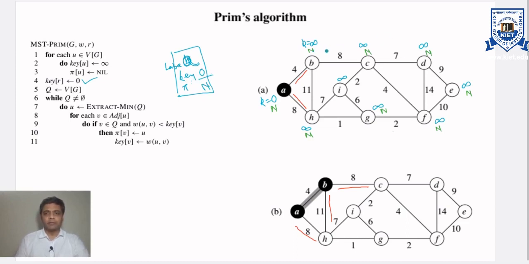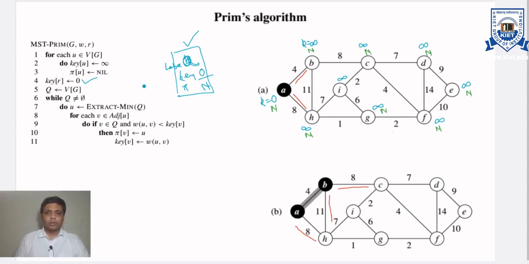And all the key values of each and every node, key value means k value, are infinity except this one, this node A. So once we put all the nodes inside a priority queue, that would be on the top position, on the front position. So if we dequeue an element, that node would be deleted first.